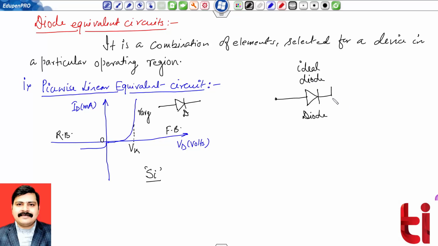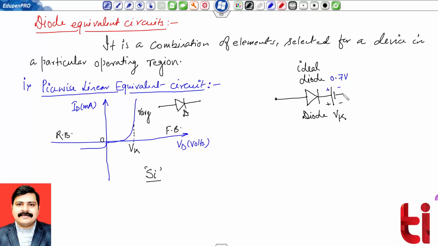The second thing is there should be a battery VK. As you can check, I have marked over here silicon, so a typical value will be 0.7 volts. Then the third one: the line curve is not exactly vertical.